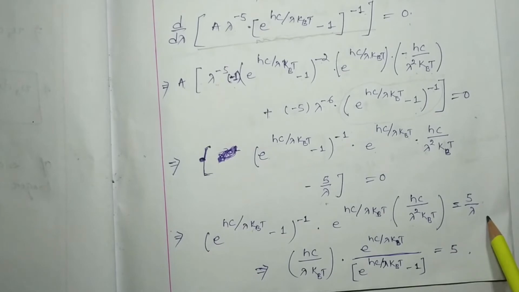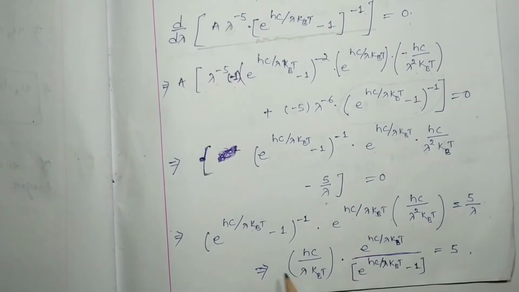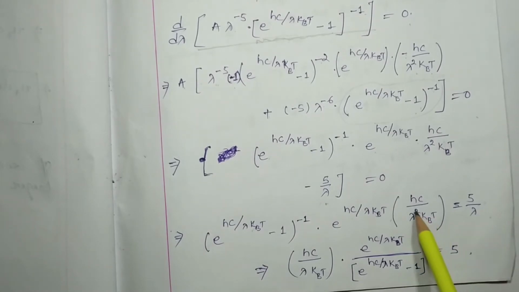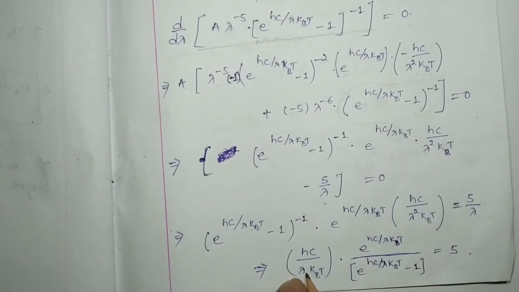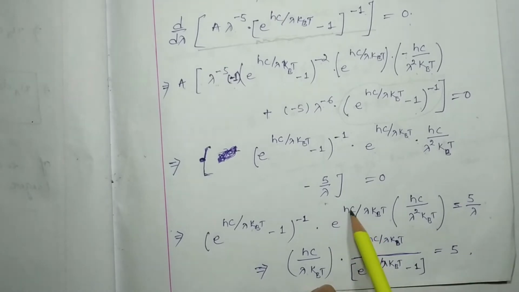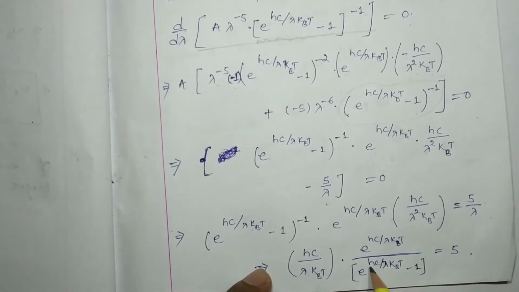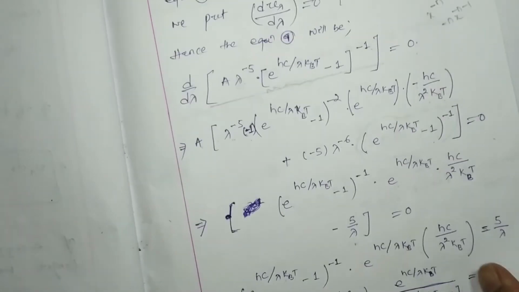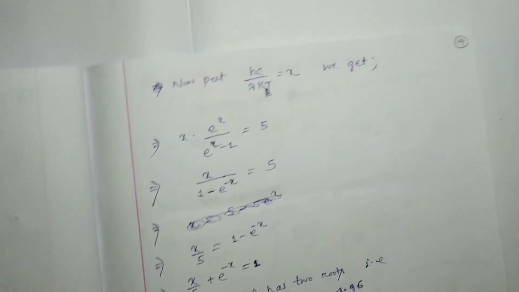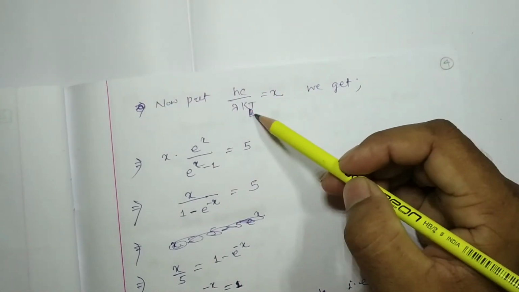Okay, so here one lambda and another lambda got cancelled, so hc by lambda kBT written initially, then into e to the power hc by lambda kBT, and this term can be written as 1 by e to the hc by lambda kBT minus 1 equal to 5. Right, now we have to put hc by lambda kBT equal to x.